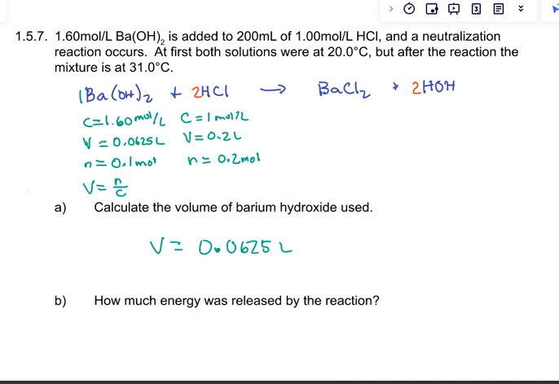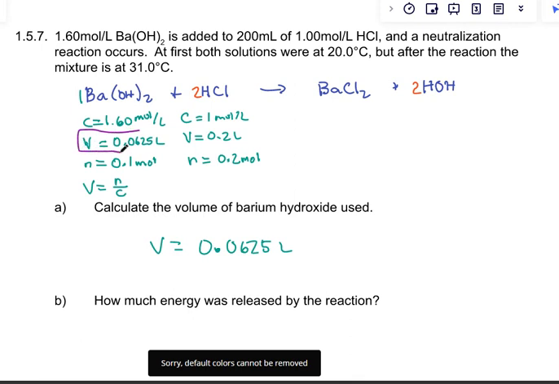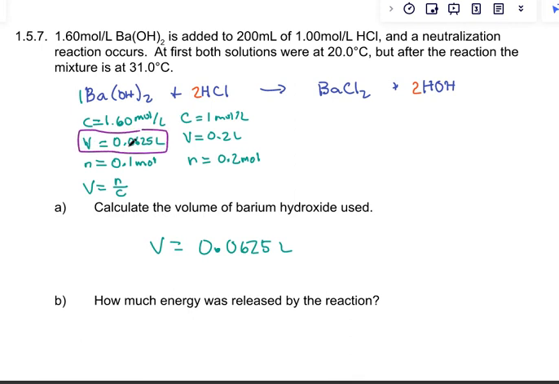Now, the reason that's important is it tells us that when we mix these two solutions, we put 0.0625 liters of liquid in the same test tube or cup as 0.2 liters of liquid.